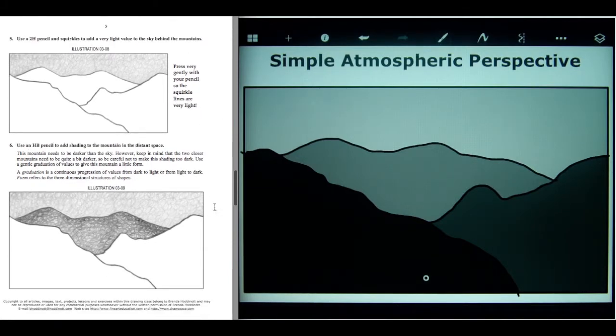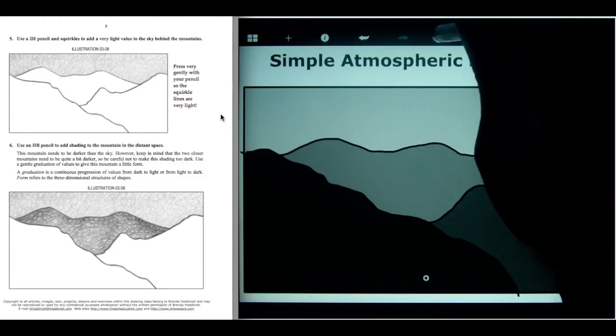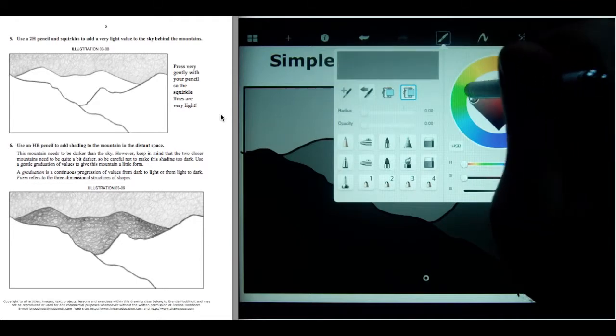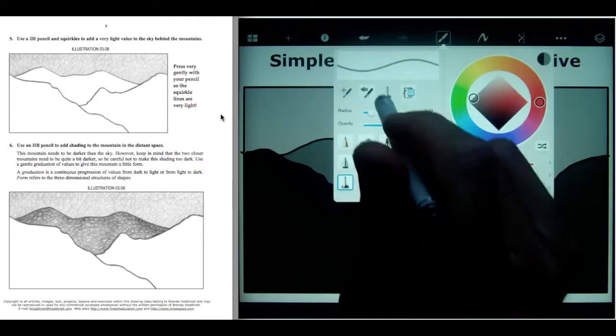Now this handout refers to different degrees of darkness in pencils with 2H, HB, etc. We don't have that, but we will be changing the opacity of our drawing tools to be able to do some squircles. Squircles are like loopy lines that artists can use to shade in and give some variety for our sky. Let's go back up to a medium gray, come back to our pen tool.